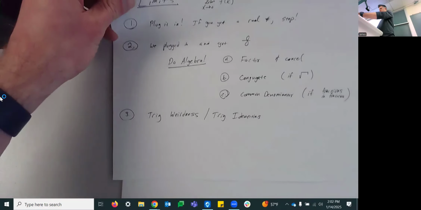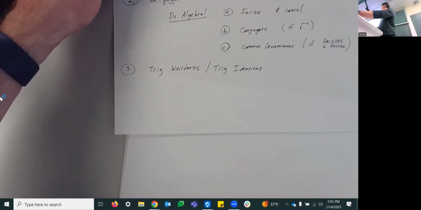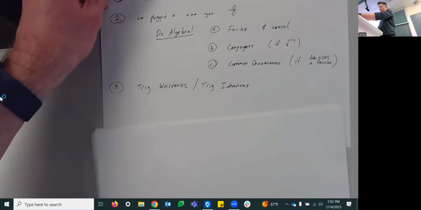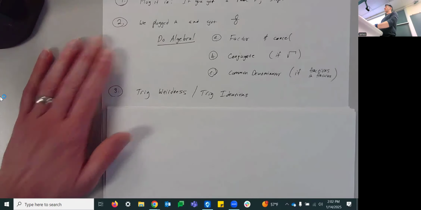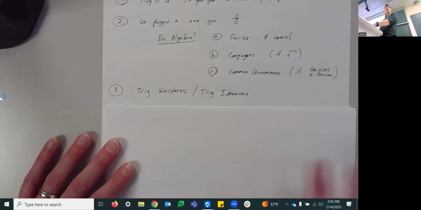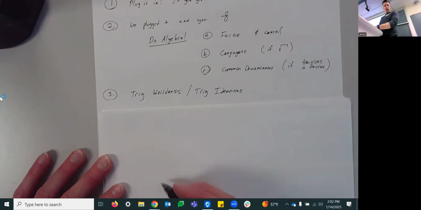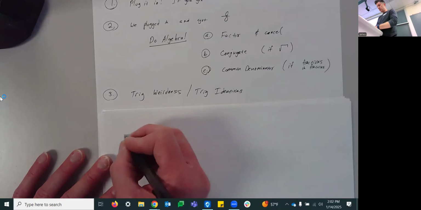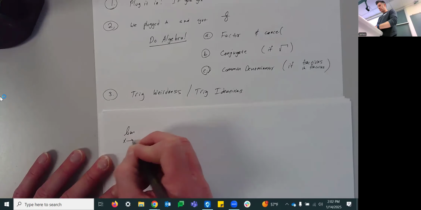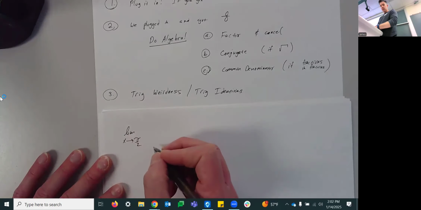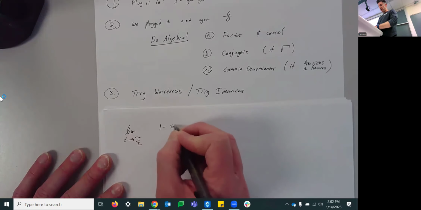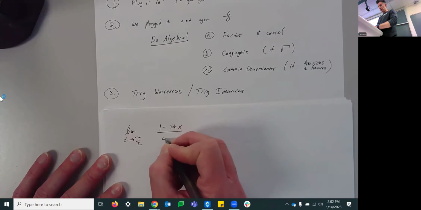I'm going to add to this list later on of some other types of things that aren't just 0/0, but it's a starting point. What if we had the limit as x approaches pi over 2 of 1 minus sine of x divided by cosine of x?